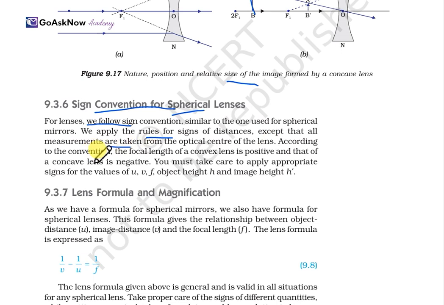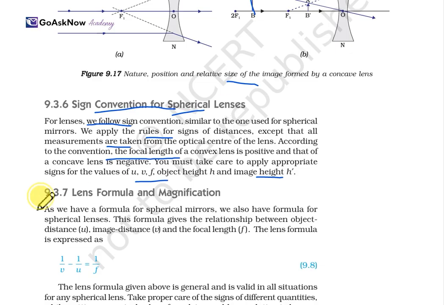According to the convention, the focal length of a convex lens is positive, and that of a concave lens is negative. You must take care to apply the appropriate sign convention for u, v, f, focus, image point and distance. Object height is h, and image height is h dash. So this is the sign convention for spherical lenses.